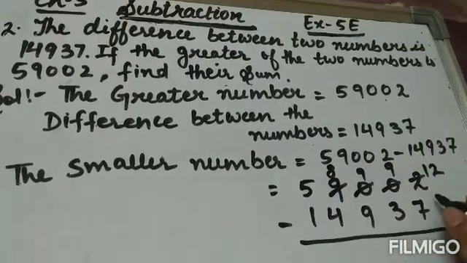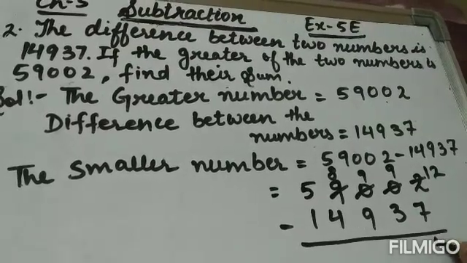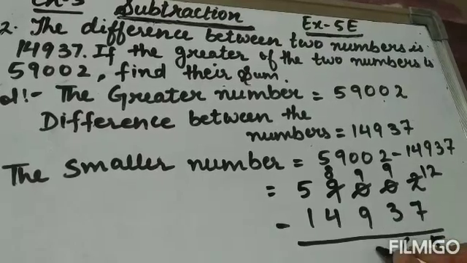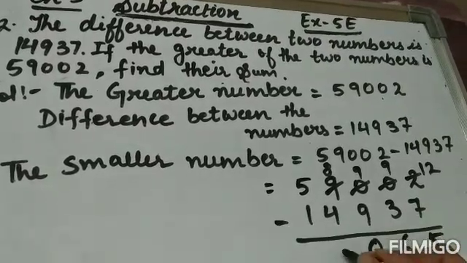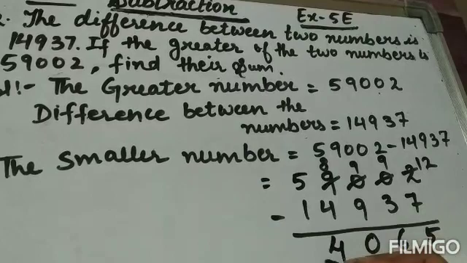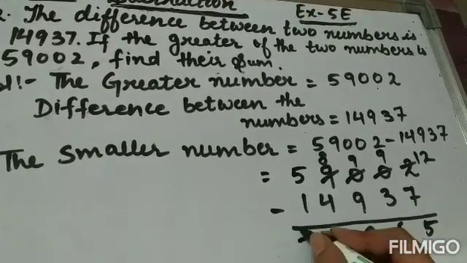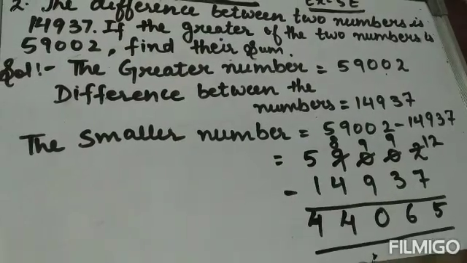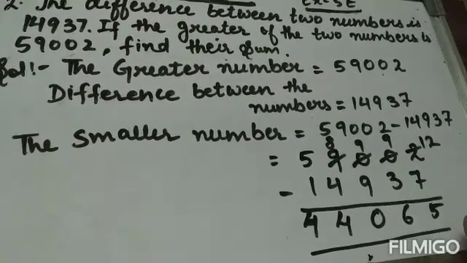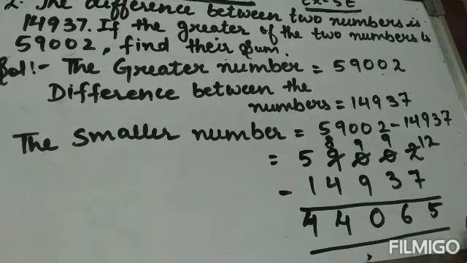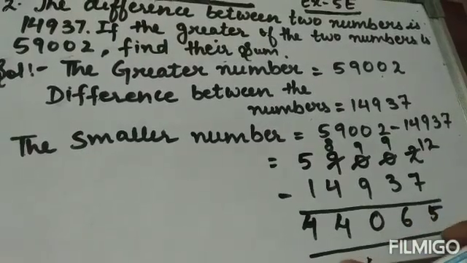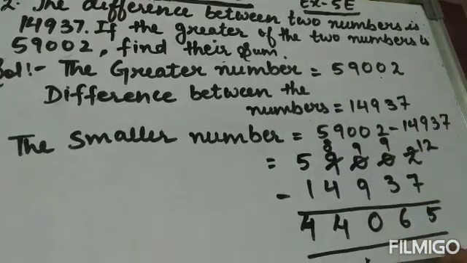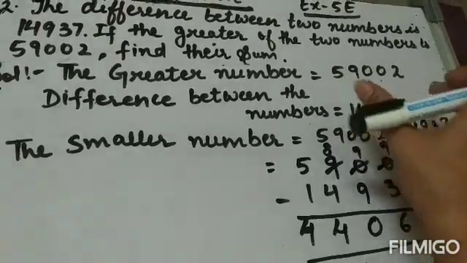And 12 minus 7 is 5, 9 minus 3 is 6, 9 minus 9 is 0, 8 minus 4 is 4 and 5 minus 1 is 4. Okay, the smaller number is 44,065. Now we have to find the sum of the smaller number and the greater number. Okay, we will find the sum of this smaller number and greater number.